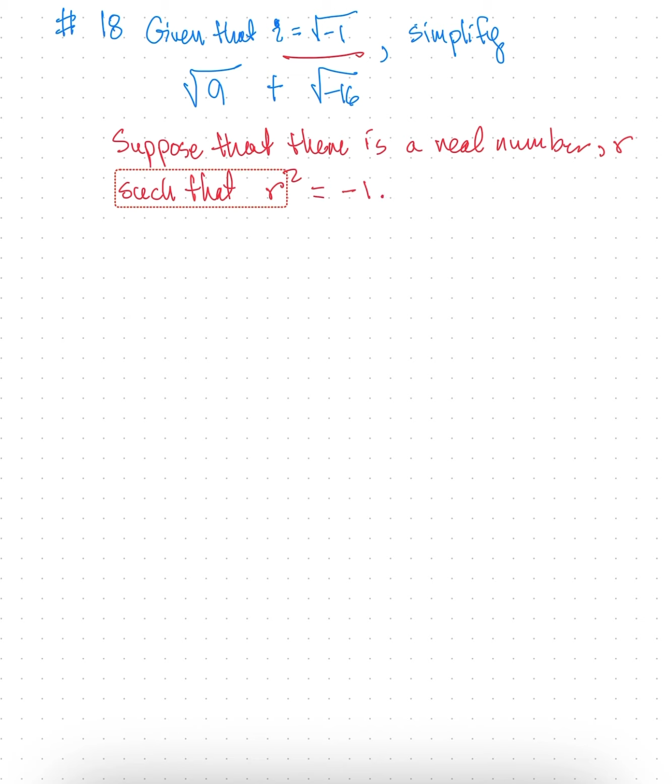So that's what we are going to base our investigation around. We're going to assume that r squared equals -1 and it's a real number. There are three cases that we need to investigate. Case one would be r greater than 0. So r could be positive, but r squared would be greater than 0, and r cannot be positive.